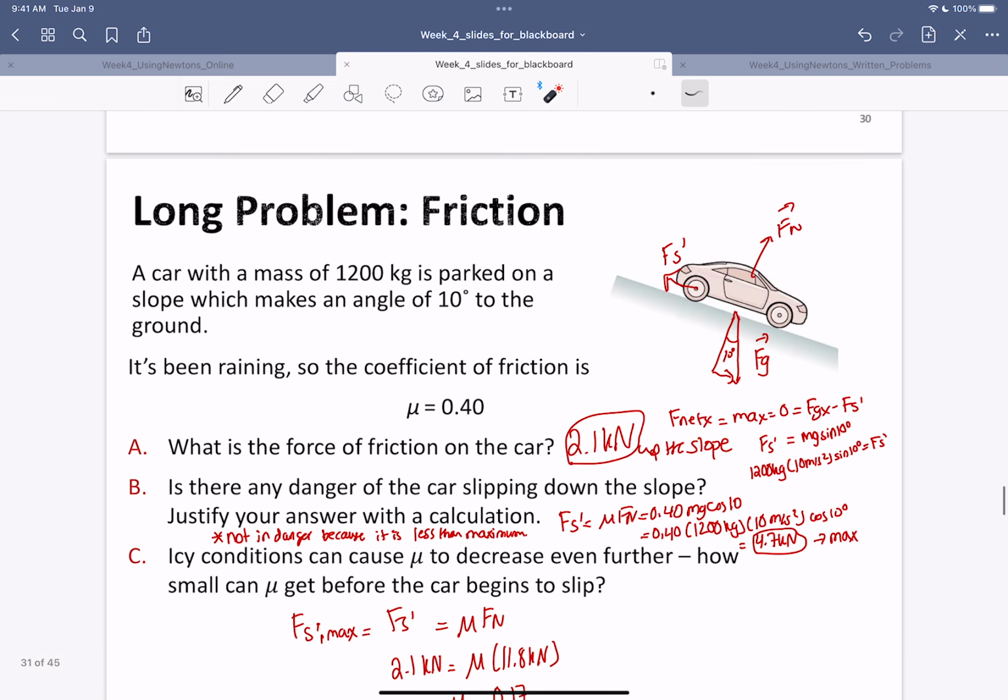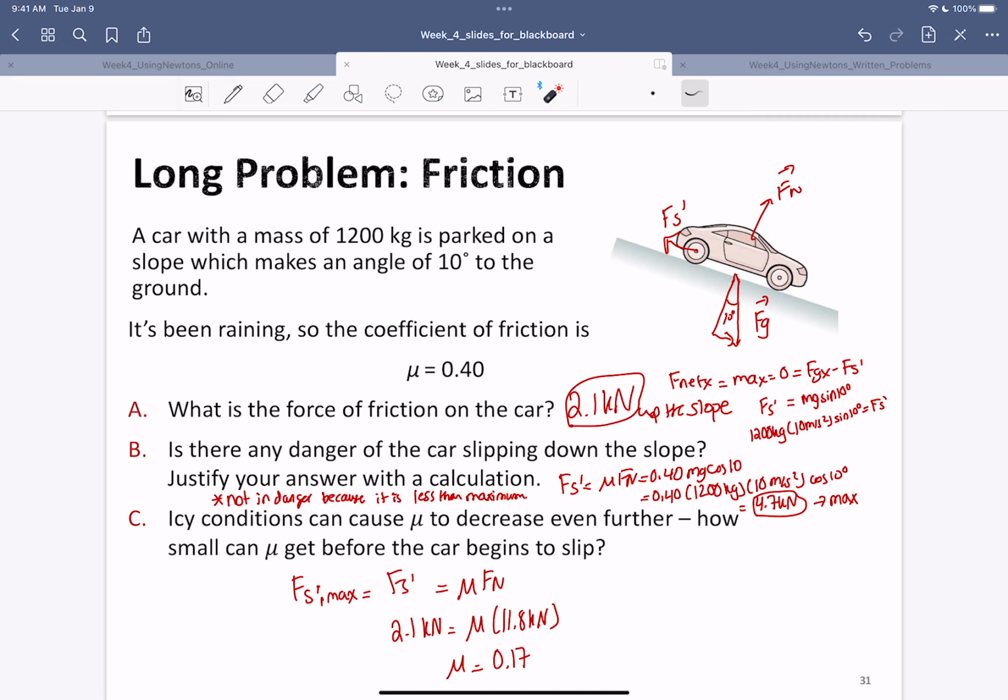So yeah, C is basically telling you to imagine that the answer from part A was the maximum. Okay, that makes sense. So if, for example, we have the pavement on the road, right?